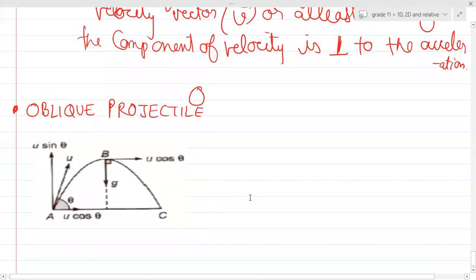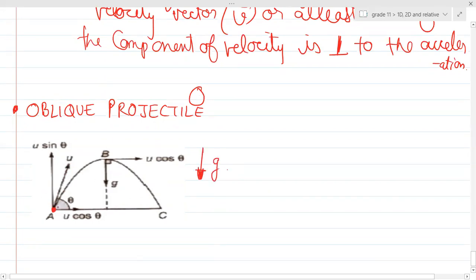So guys, can you see an object at point A? Can you see an object which is initially at this particular point? If I throw this object uniformly at an angle theta with the horizontal with the initial velocity u, the gravity is trying to pull it down, right?